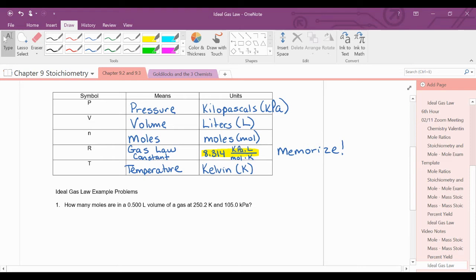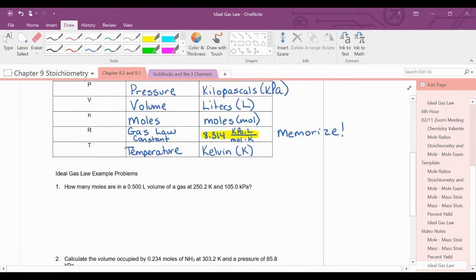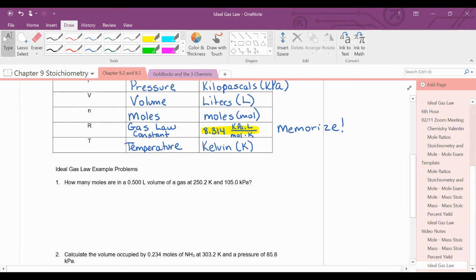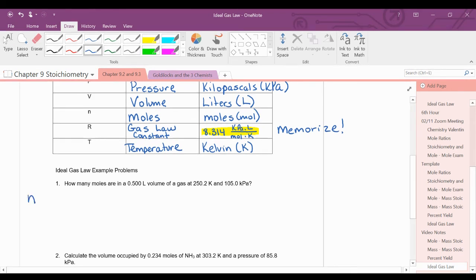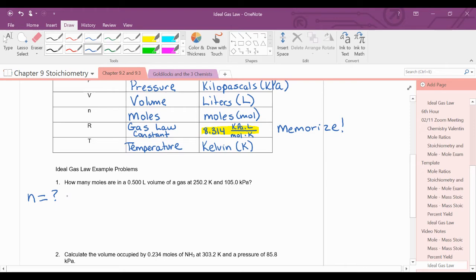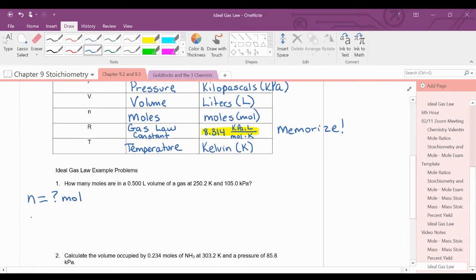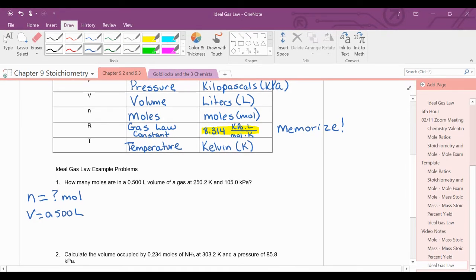So our example problem, how many moles are in a 0.500 liter volume of a gas at 250.2 Kelvin and 105.0 kilopascals? So I like to write down what information I have, make sure I know what all these variables stand for. So we're looking for moles, which is N. We have a volume of 0.500 liters.